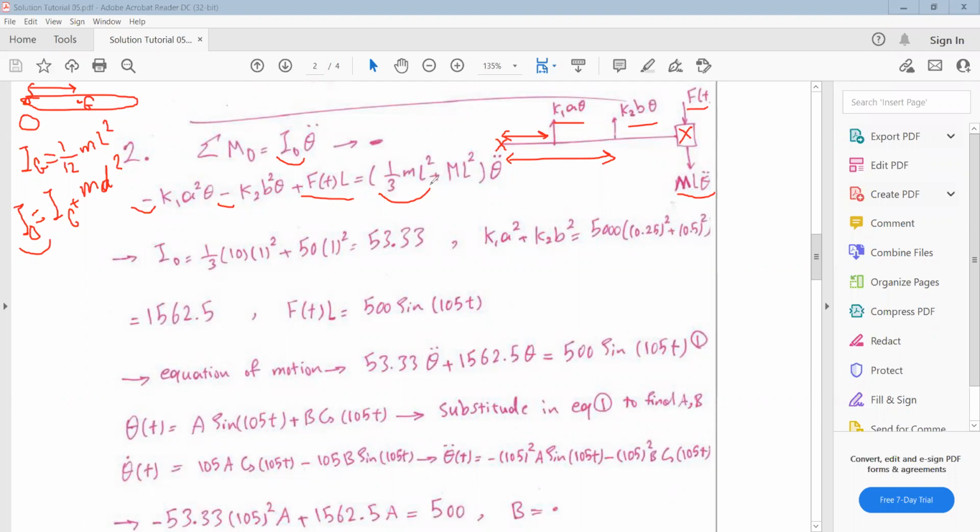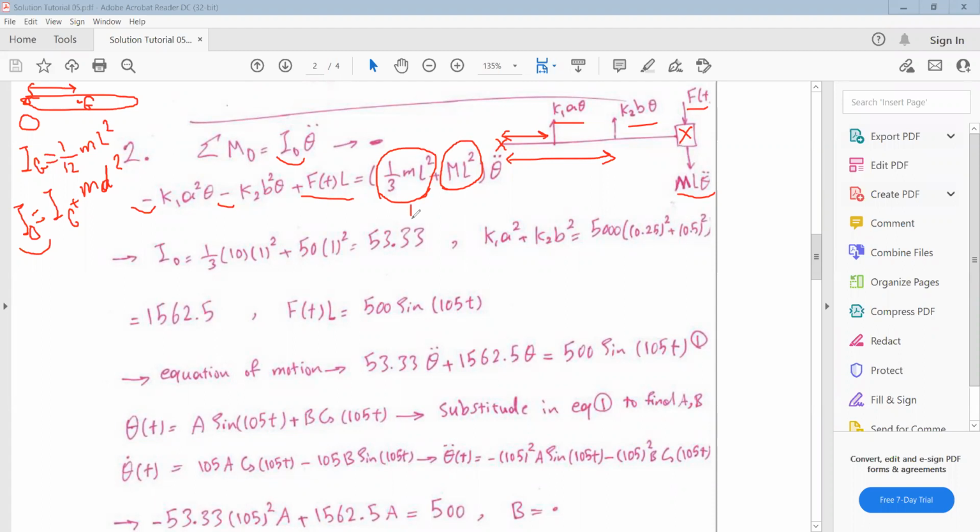Okay, so this is the mass moment of inertia for the bar about point O, and the mass moment of inertia for the particle with mass uppercase M about point O is equal to M L squared. Okay, so this is from dynamics, so we can substitute.